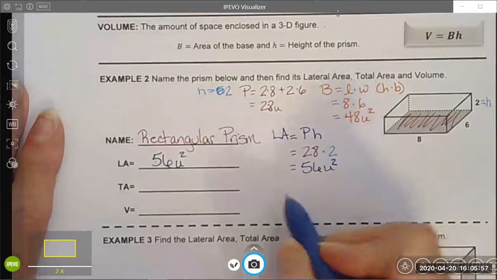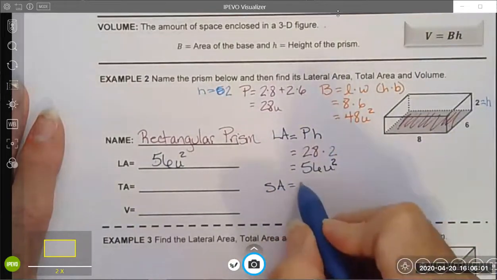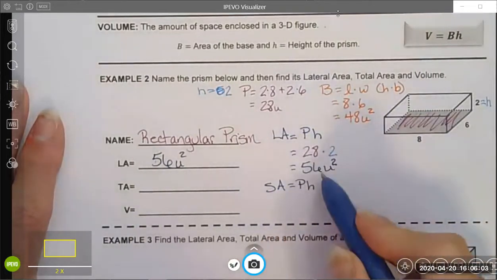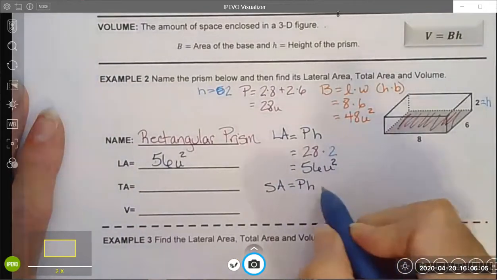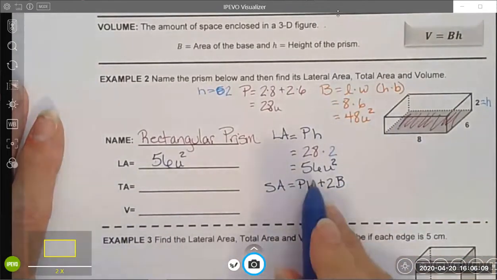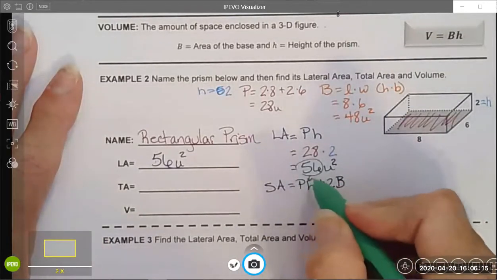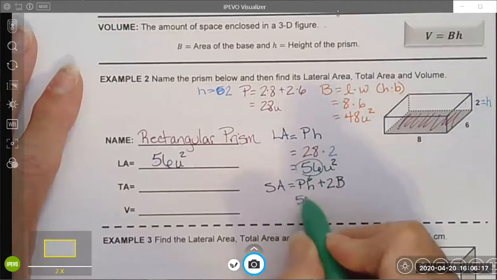My apologies. Okay, total surface area is going to be the perimeter times the height, which we conveniently already know, plus 2 of my bases. I'm just going to substitute this area calculation in right here, and I'm not going to recalculate that.